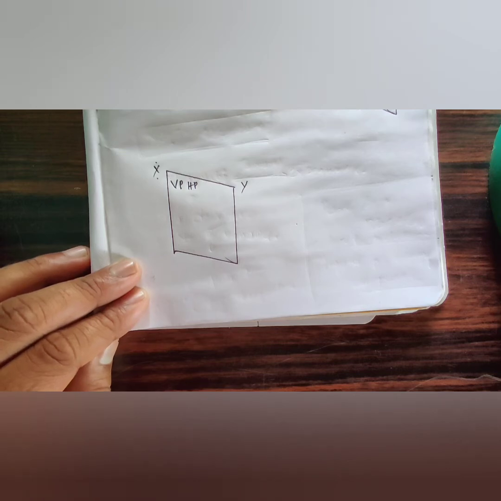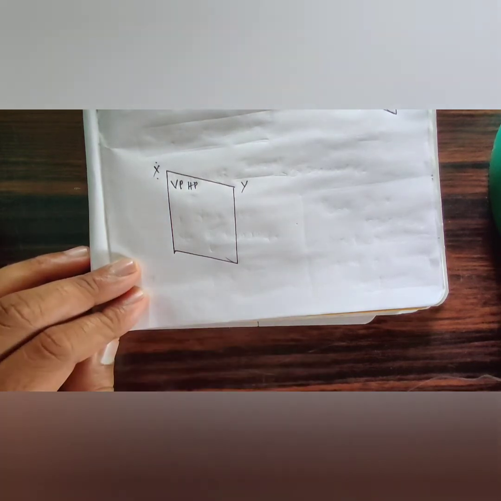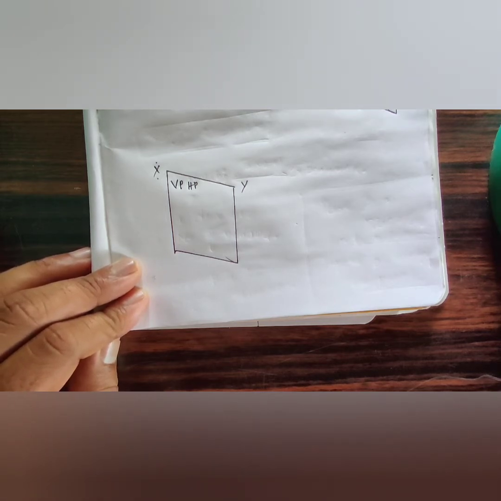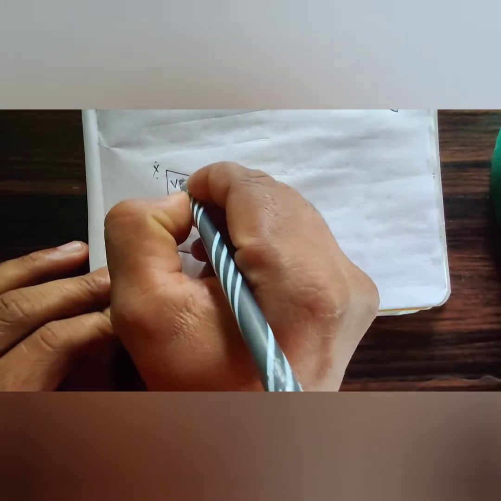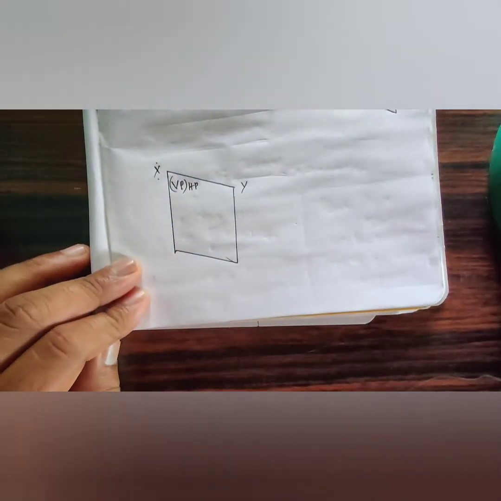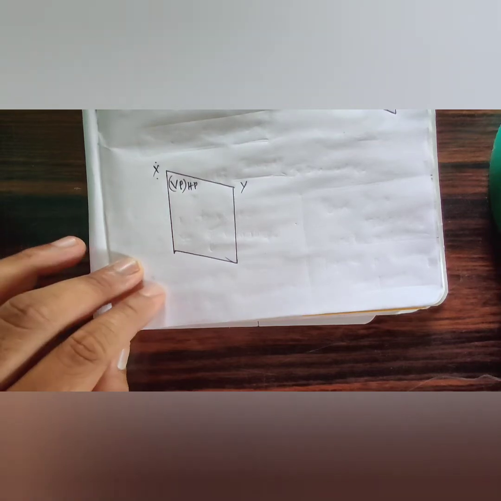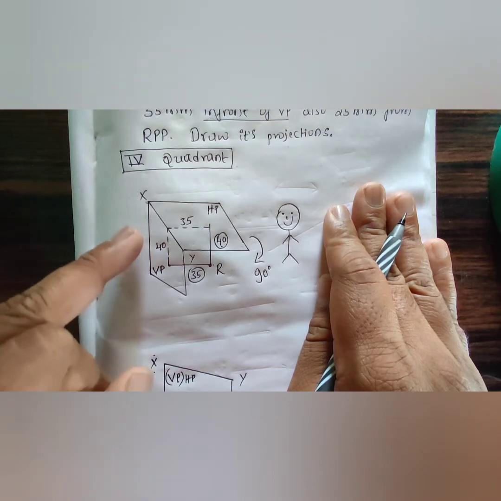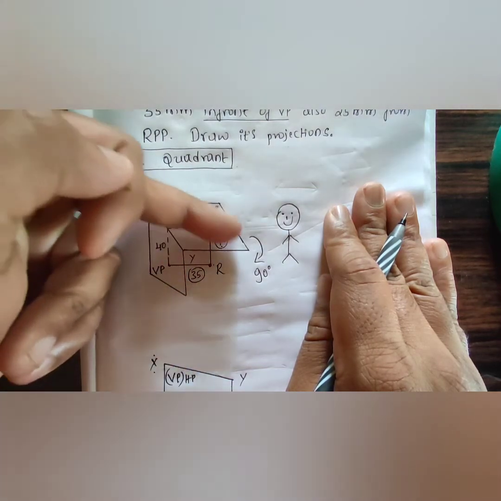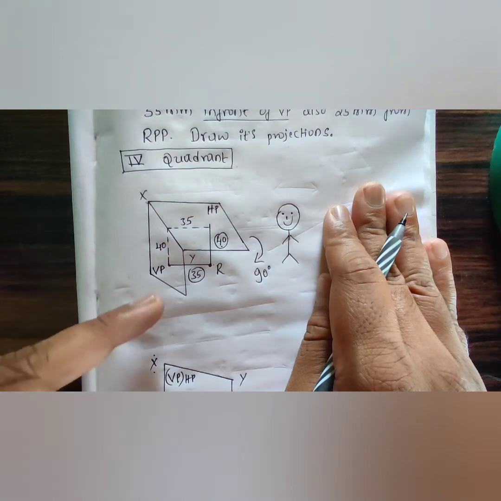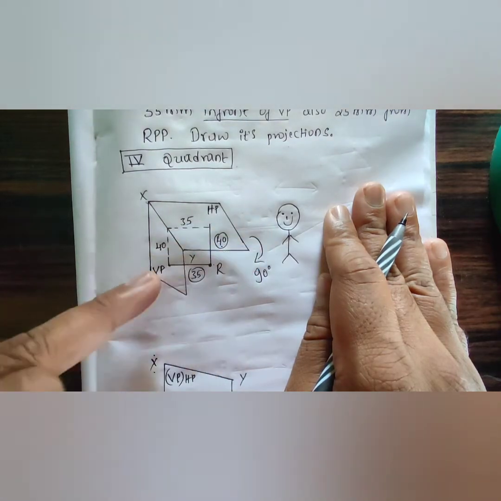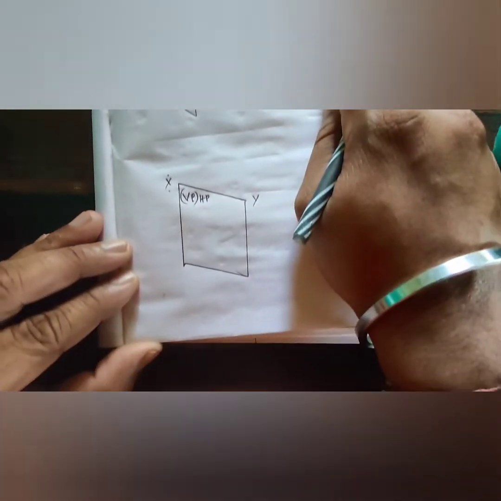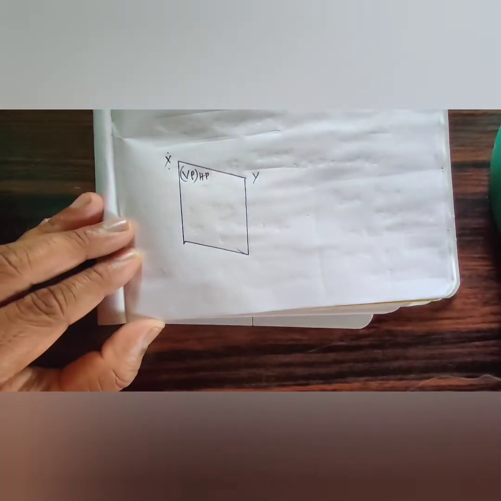Both VP and HP will be below the XY line, but since it is the fourth quadrant, HP will overlap VP, so the observer cannot see VP, he can see only HP. So we have to put a bracket for VP, because once I rotate, HP will come above VP, right? So the observer cannot see VP directly, so that is why we have to consider a bracket for VP.